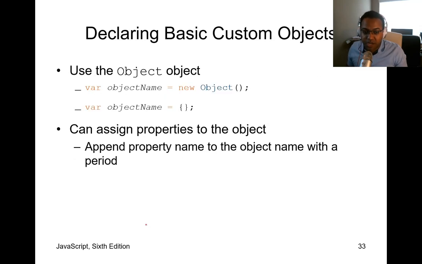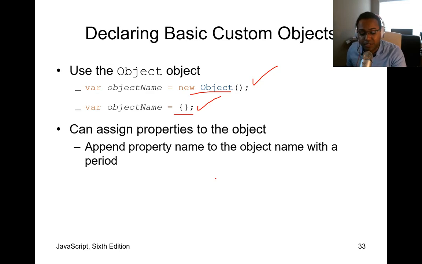Now, if you want to declare custom objects or base objects, you can use the new Object instantiator, constructor, or you can just say curly brace, curly brace. And this is how I create my new objects. You can assign properties to the object. Assigning properties to the object literal allows you to pull those properties back.